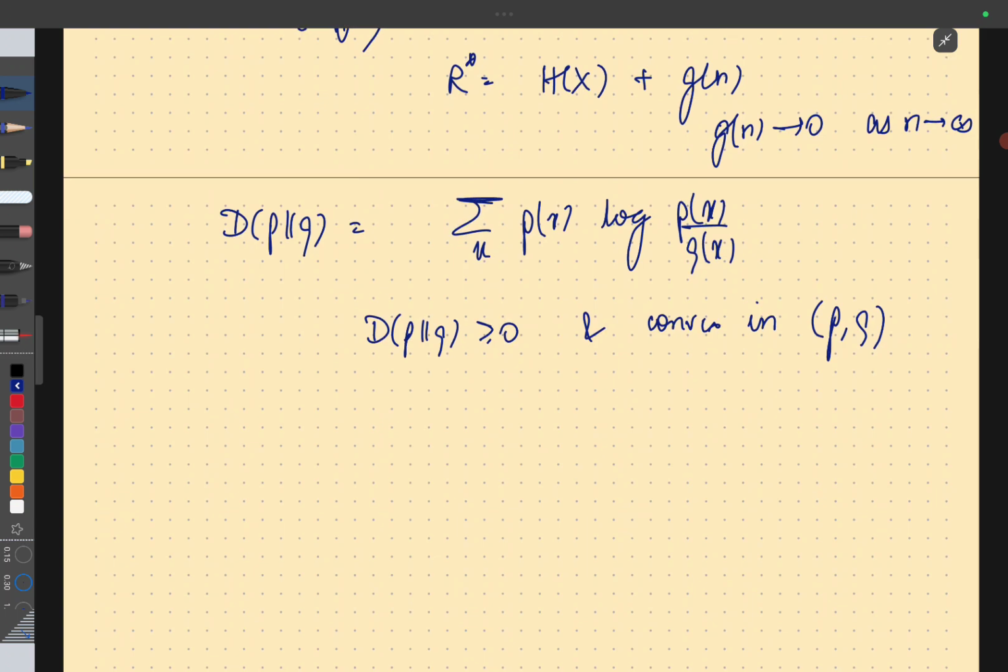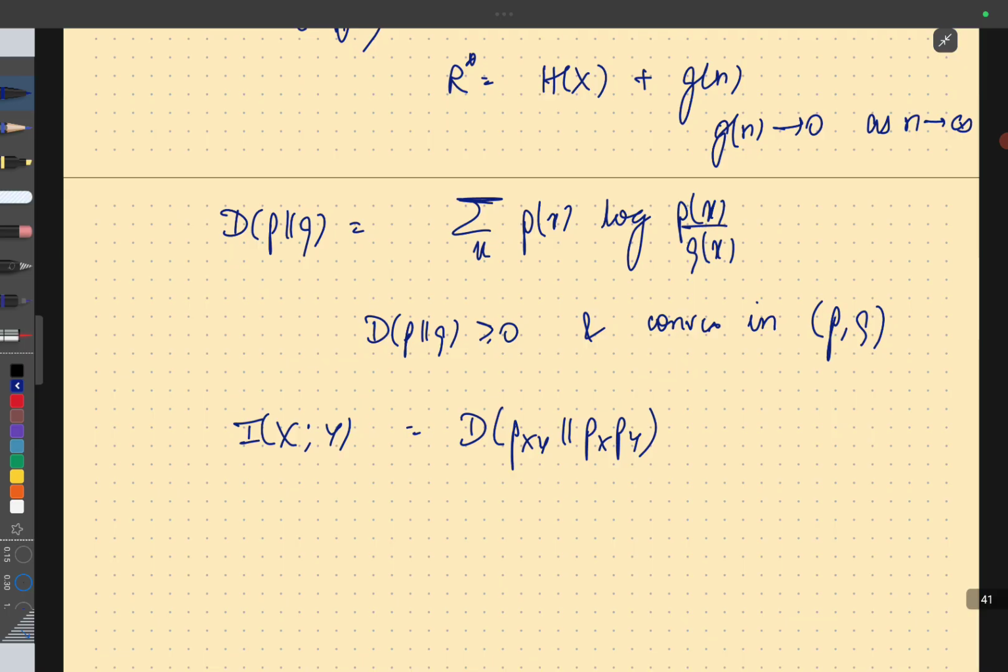We also defined the mutual information between a pair of random variables, or in other words, the mutual information for a given joint distribution Pxy. So this was the KL divergence between Pxy and PxPy.